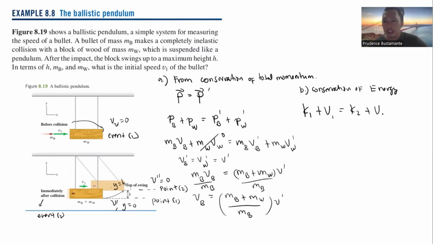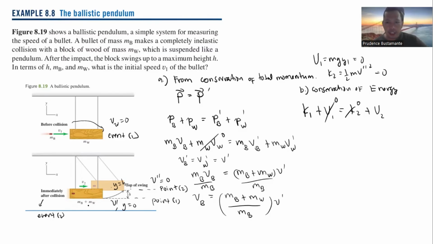So if you recall, U1 is equal to mgy1, which is equal to 0, and K2 is equal to 1 half mv double prime squared, which is equal to 0.